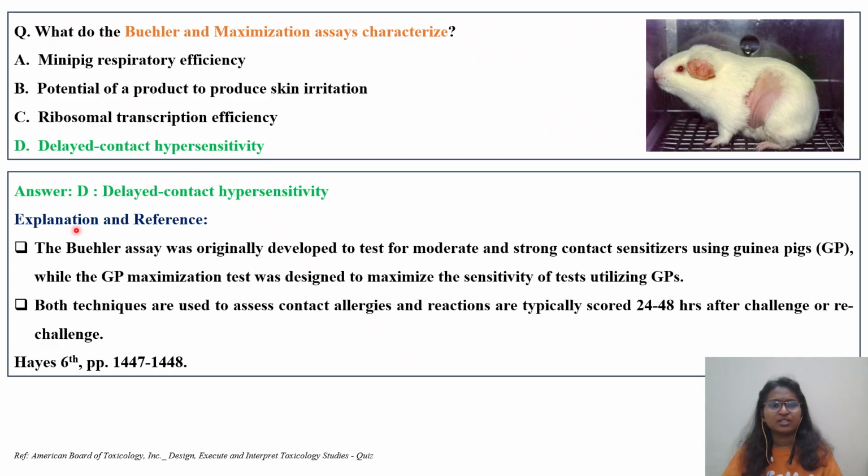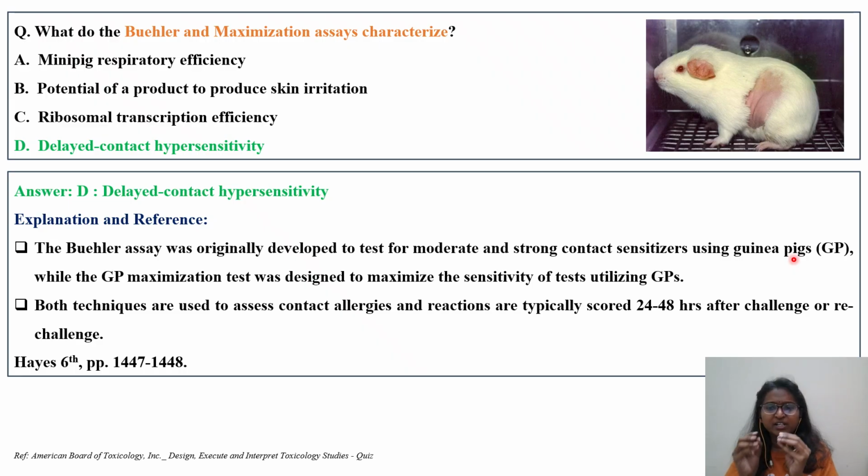Okay, so let's see the explanation and the reference given by the American Board of Toxicology. The Buehler assay was originally developed to test for moderate and strong contact sensitizers using guinea pigs. So the test species is guinea pigs.